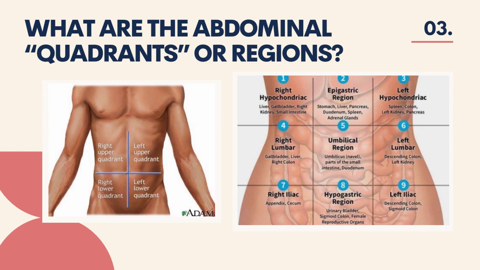If they came down with pain in the hypogastric region, that is when we would be concerned of those female reproductive organ issues, along with like the bladder and the sigmoid colon. So it is important that you are aware of where the organs are located within the abdomen and the quadrant slash region.